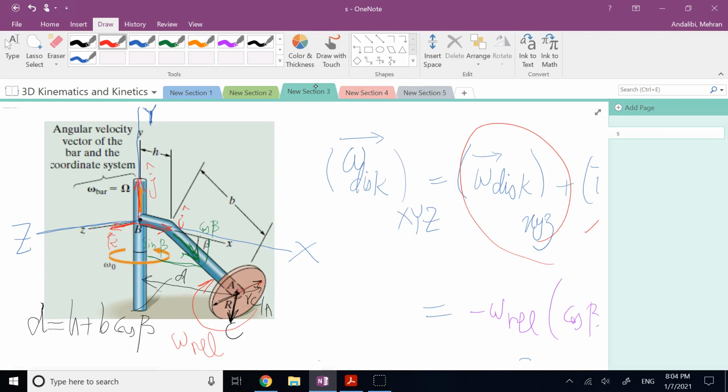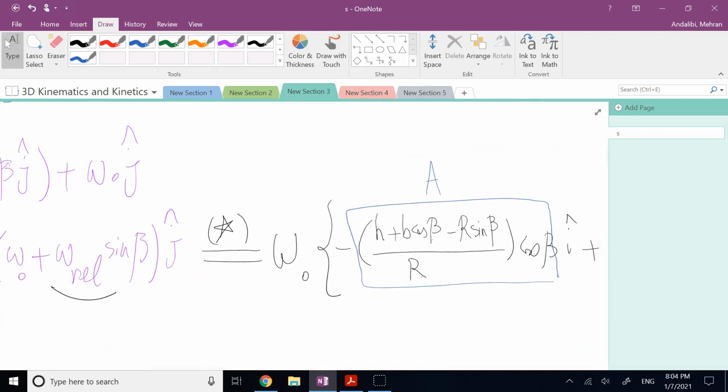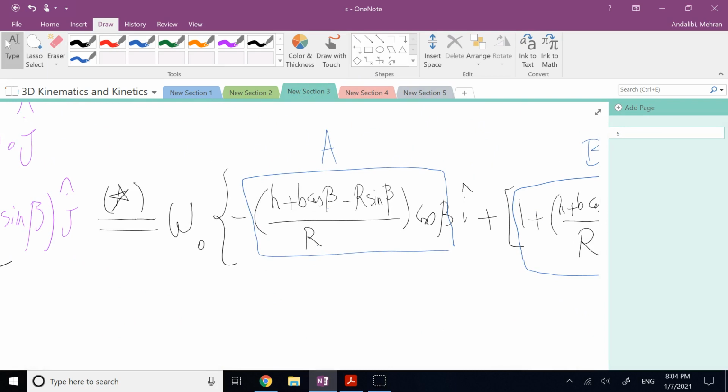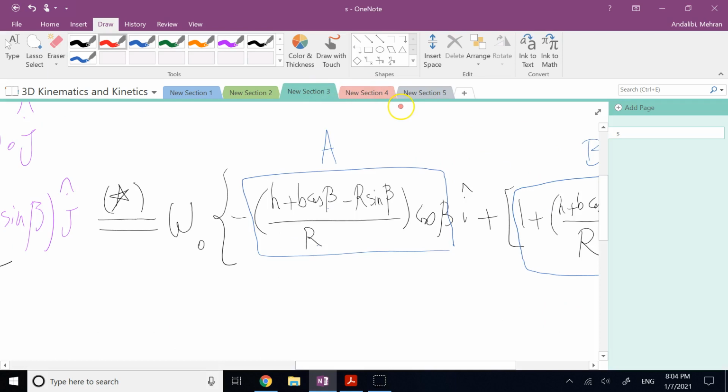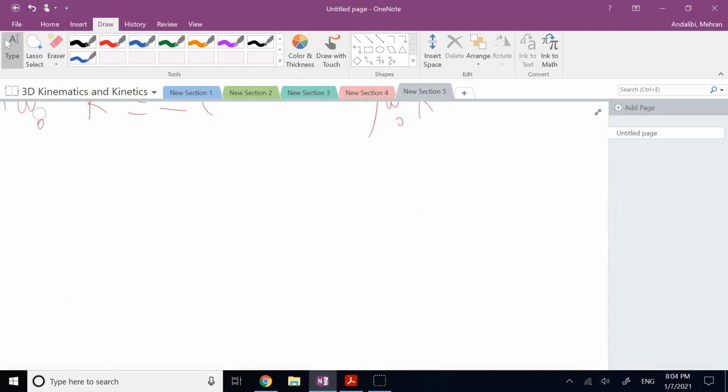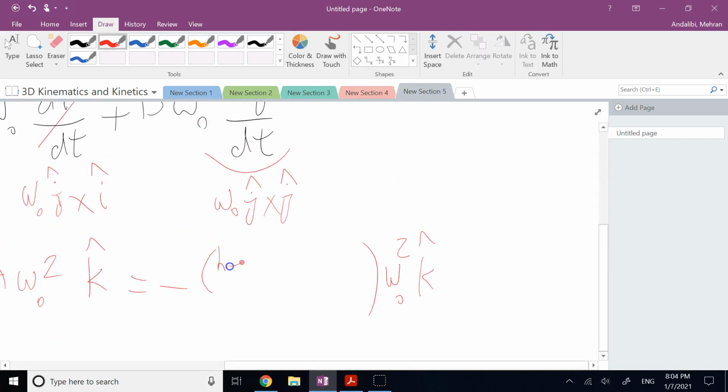Remember A was negative h over r, the whole thing times cosine beta, so h plus b over r, and then there was a cosine beta term as well involved.